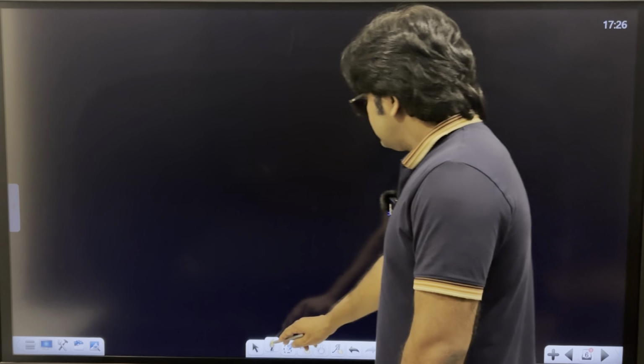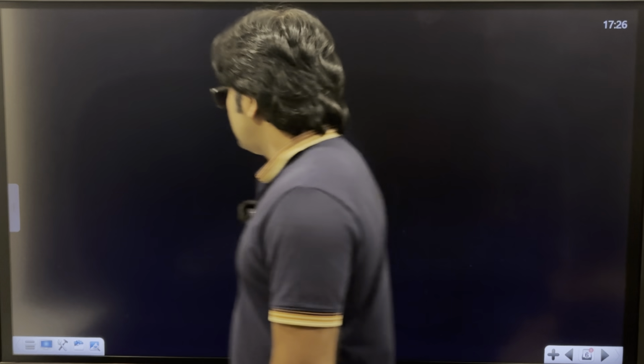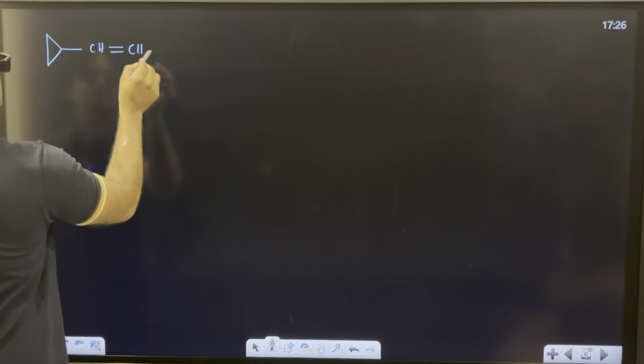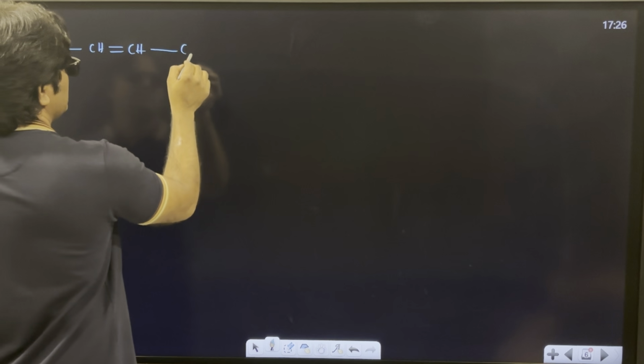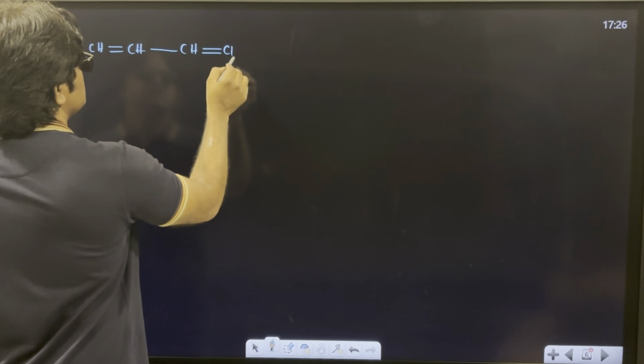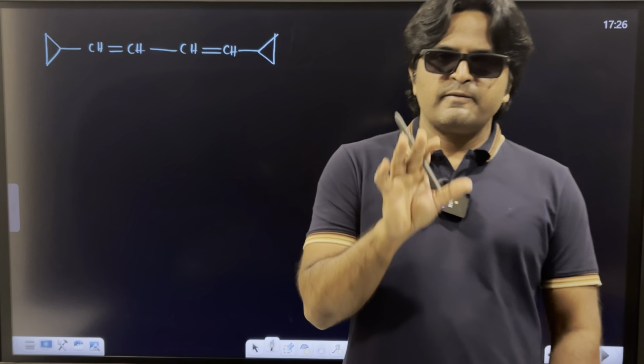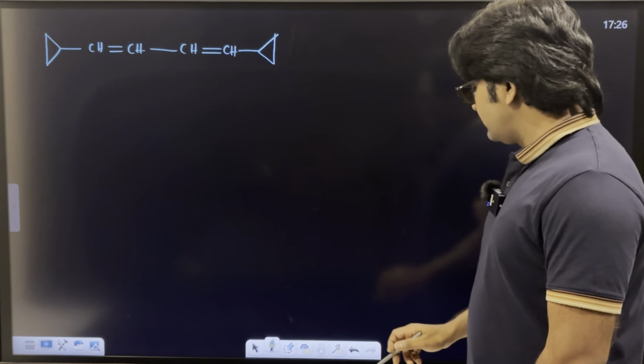Come to the next example. I am going to take a combination of double bonds and rings. For example, if you take this molecule CH double bond CH, clear. Next one CH double bond CH, and again on the right hand side a 3-member ring system is given. So what we observe in this molecule: first, directly don't apply any formula.